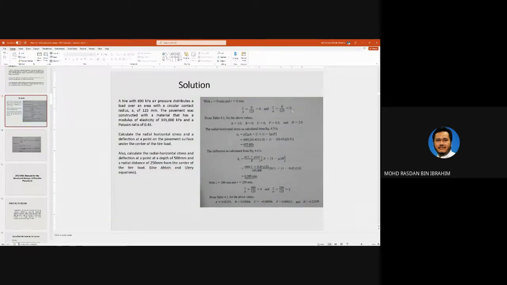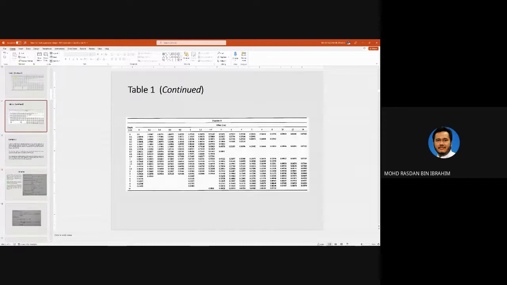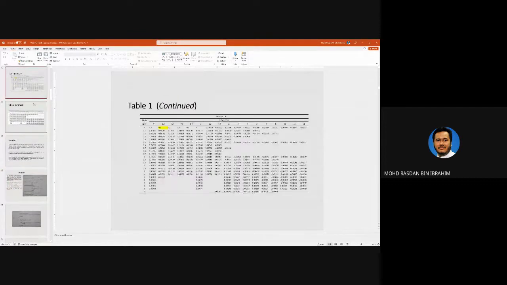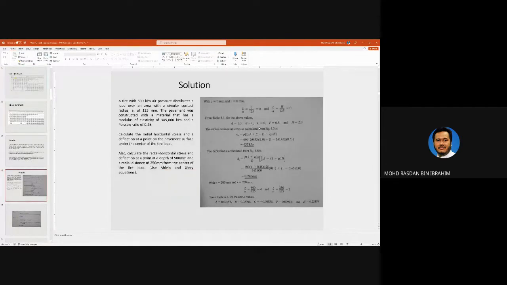So from table 1, which in this question is table 4.1, you estimate the value of A, B, C, F, and H. So at 0, 0, the value of H is 2. The value of F at 0, 0 is 0.5. So you can see H is 2, F is 0.5.